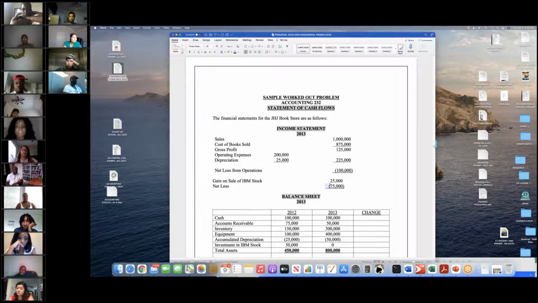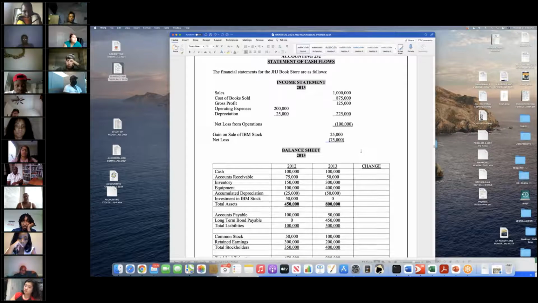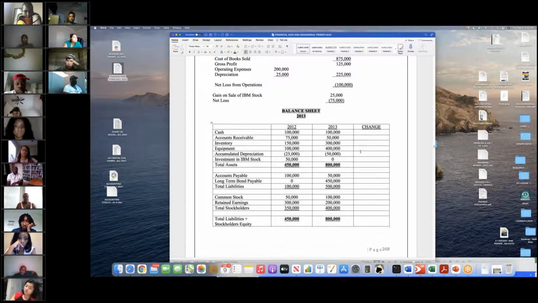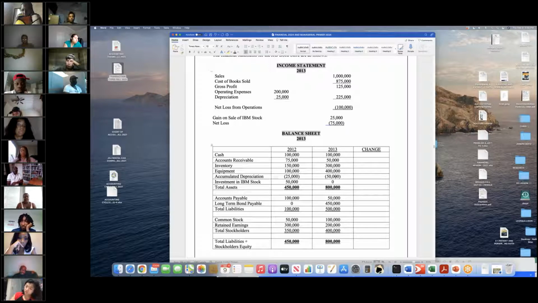And in this example, we have the income statement and we have the balance sheet. Okay, so that's what you have. And so you're going to prepare a statement of cash flow by looking at the change in cash and then looking at the change in every other asset on the balance sheet.